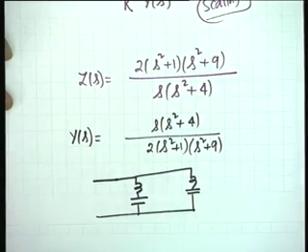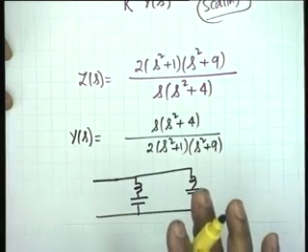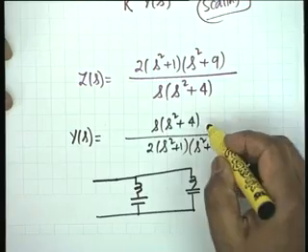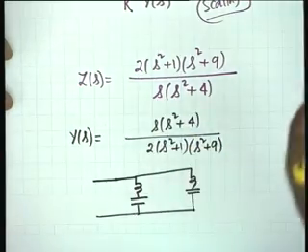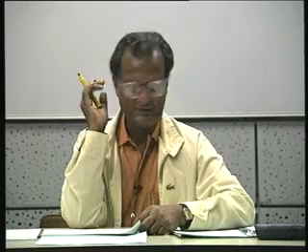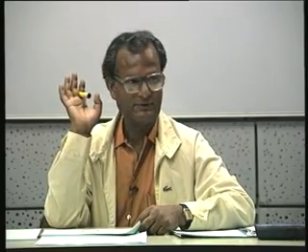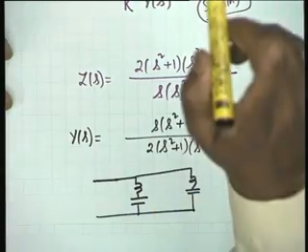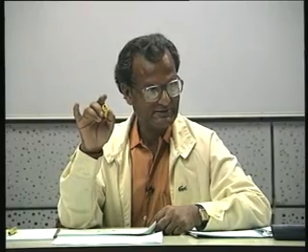Isn't that right? Is this okay? How do I get that? This function has no pole at infinity, so there is no shunt capacitor. This function has no pole at the origin, so there is no shunt inductor. And there are 4 specifications. There must be 4 elements.